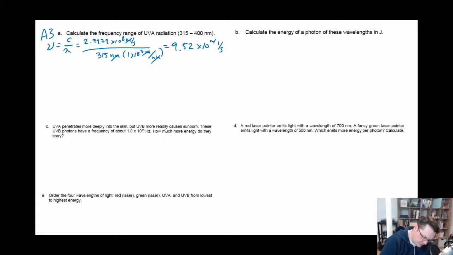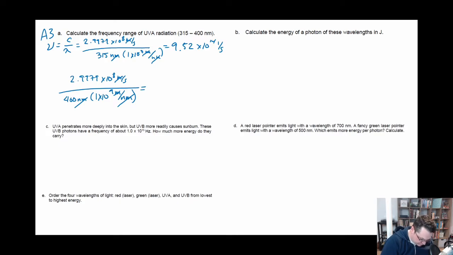So that would simply be 2.9979 times 10 to the 8th meters per second over 400 nanometers times 1 times 10 to the negative 9th meters per nanometer. Nanometers cancel, meters cancel.